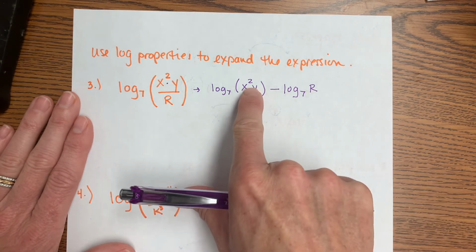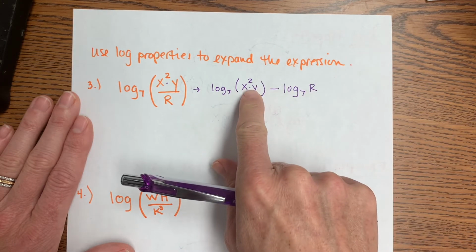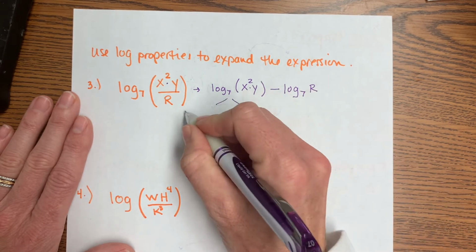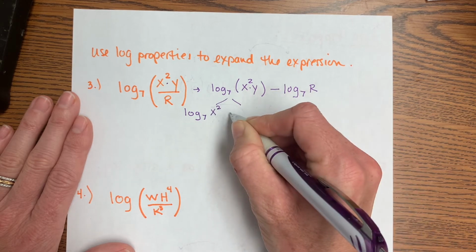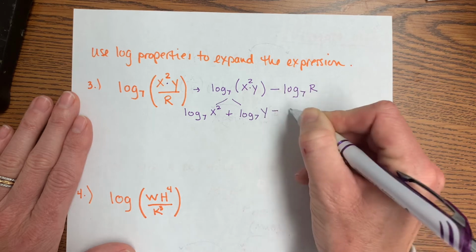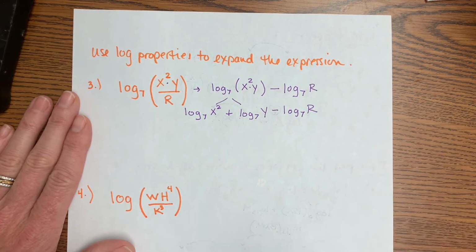So now I'm going to go right here, because this one's done, there's a multiply going on right there. So that means there used to be 2 logs added. So I can actually split this back up to log base 7 of x squared plus log base 7 of y. And I still have my minus log base 7 of r. And then I have to do one more thing.